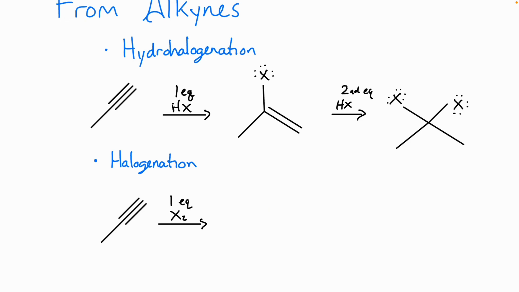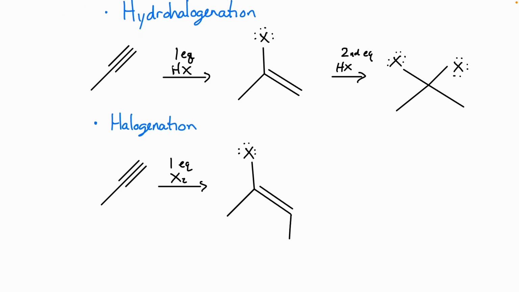We use one equivalent of our halogen, on either side, specifically a trans addition product. And then if we add that second equivalent, we get just a whole boatload of halogens on there.